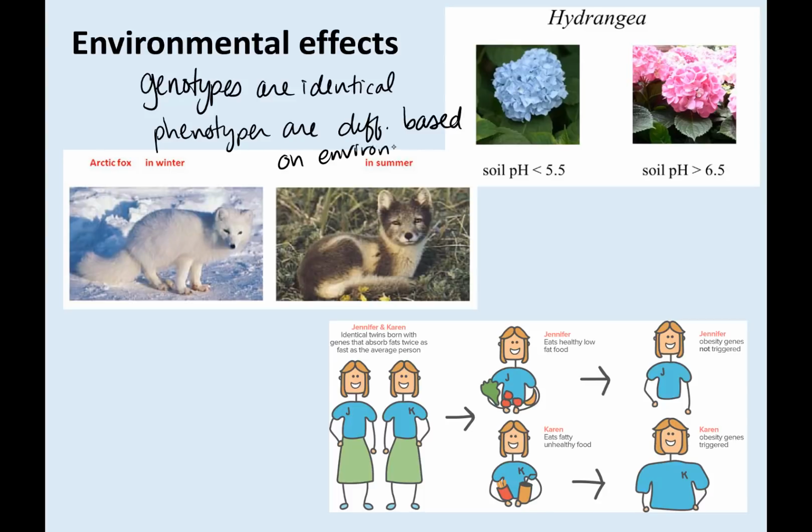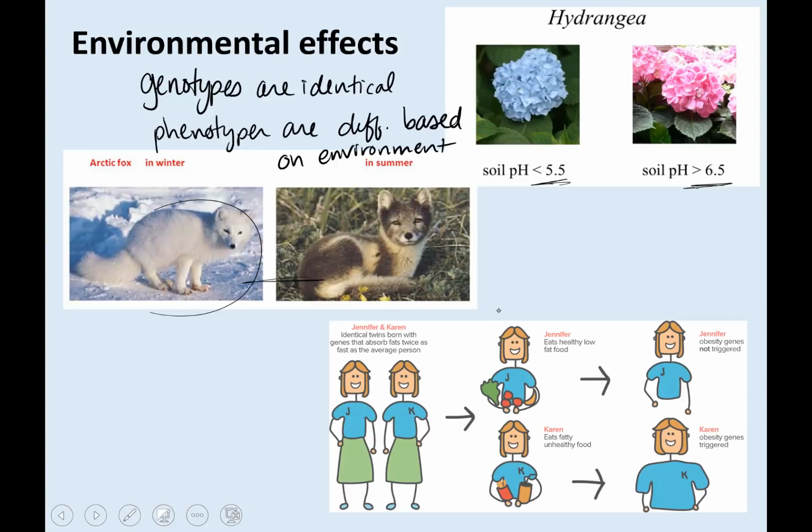So we see this with animals. Arctic fox in the winter and the summer, they change the color of their fur, right? So they're still the same fox, same genotype, but the phenotype can look different depending on the environment. Hydrangea plants, you can alter the soil pH and get different colored flowers. I think that's pretty cool.